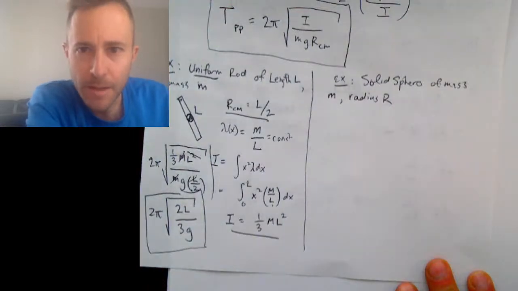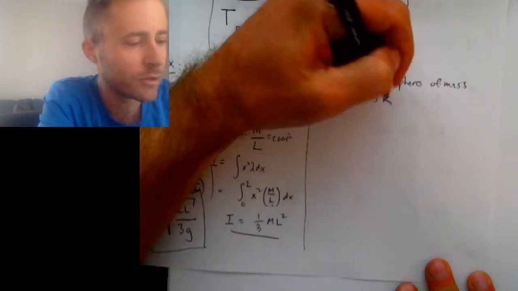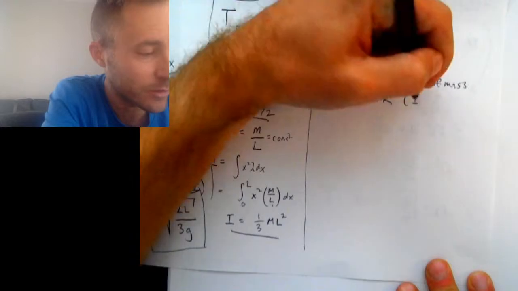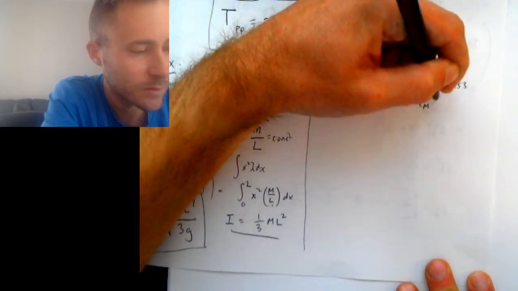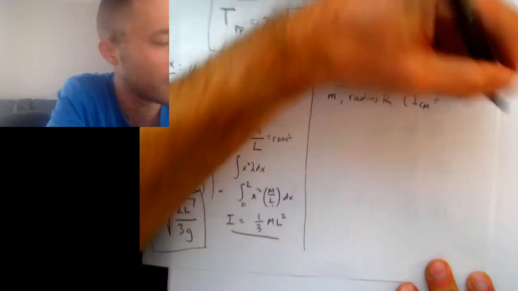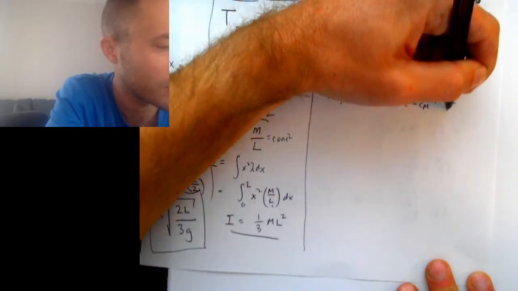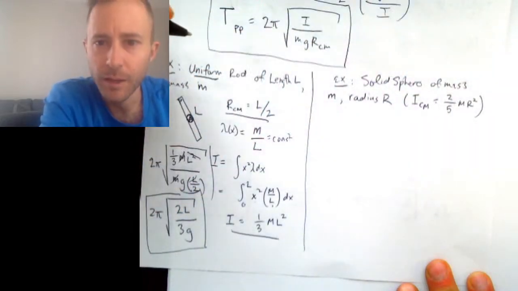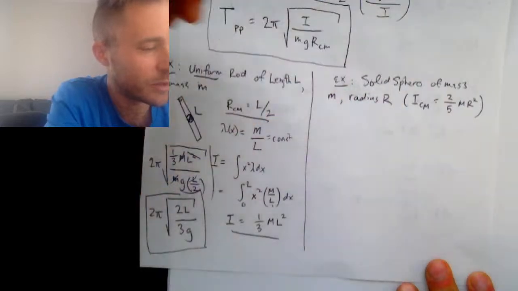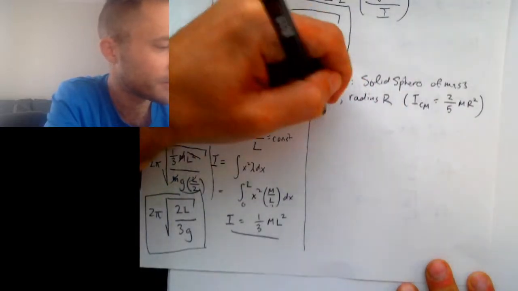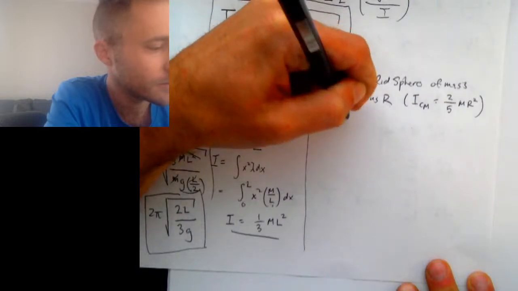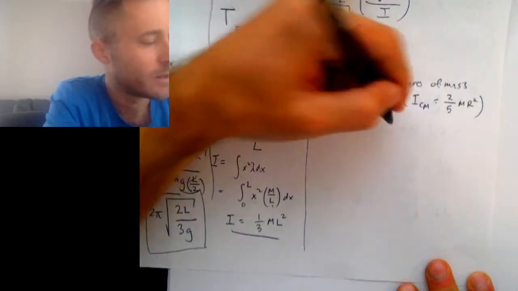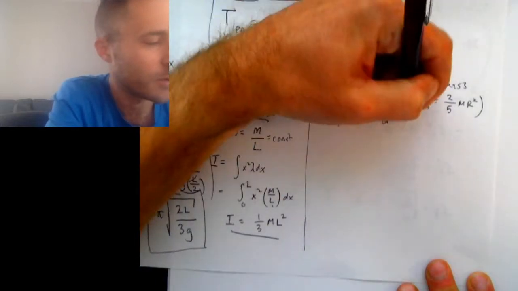Solid spheres of mass m and radius r have an inertia about their center of mass given by 2/5 m r squared. And we will say that the sphere is pinned a distance d from the center.